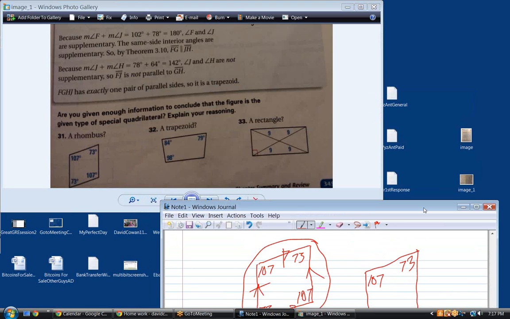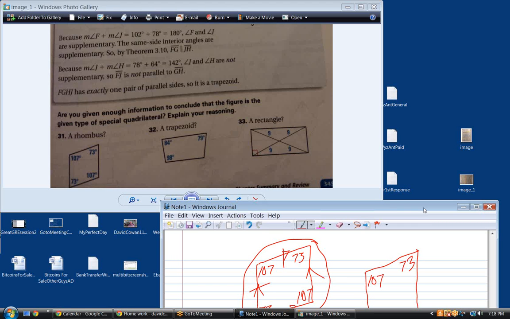Is 32 a trapezoid? No. And why not? 84 and 79 would have to be supplementary, and they are not.